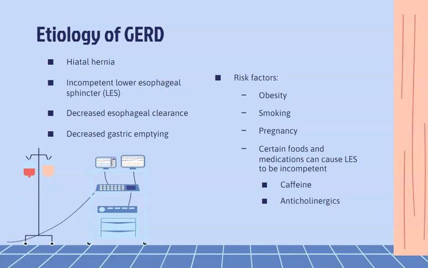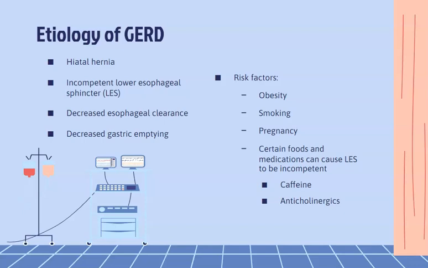Something has happened with that LES that has allowed more gastric contents, or any gastric contents for that matter, to back up into the esophagus. We can also have some decreased esophageal clearance, meaning food product that goes through the esophagus doesn't completely empty out into the stomach. And then we can also have some decreased gastric emptying, meaning contents that are in the stomach are not emptying out from the stomach entirely.